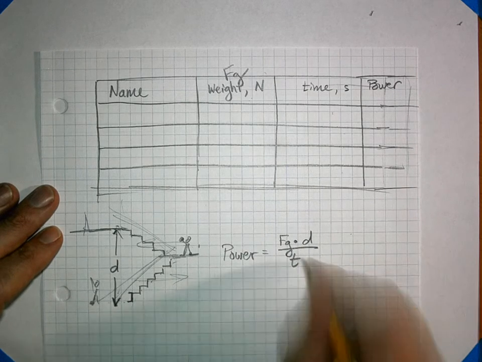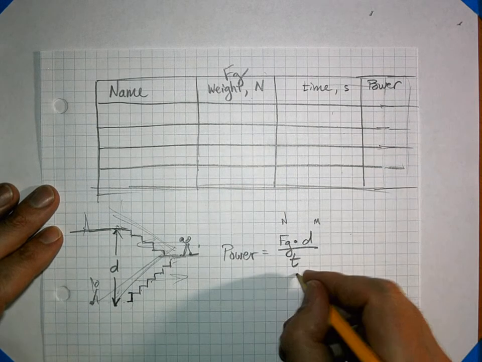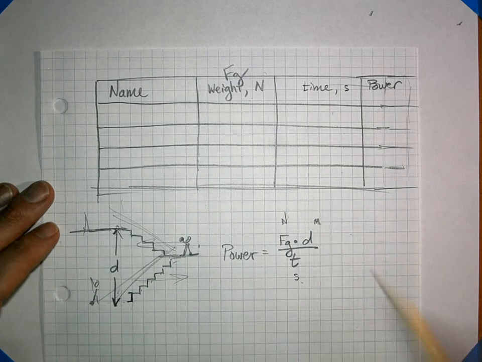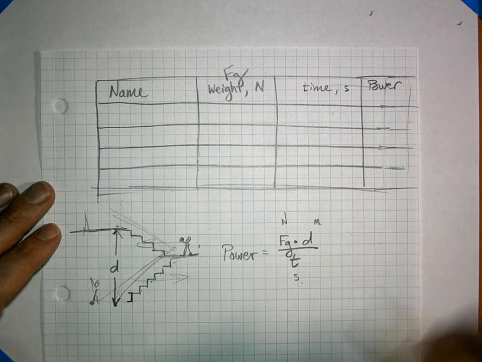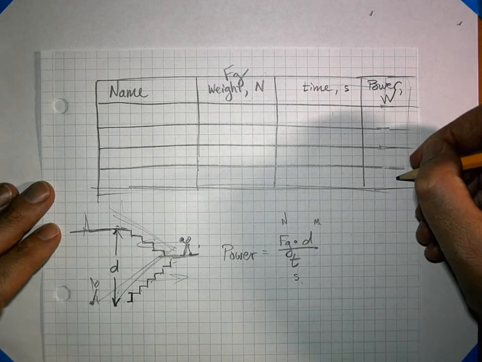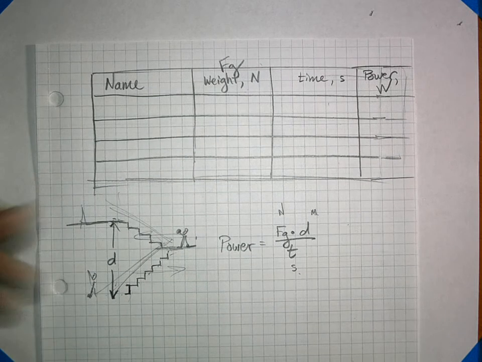And again, this has to be in newtons, this has to be in meters, and this has to be in seconds, because a newton times a meter is a joule, divided by a second is a watt, and I want the answer in watts. So put power in watts in your data table here, and I want you to show your calculations for everybody.